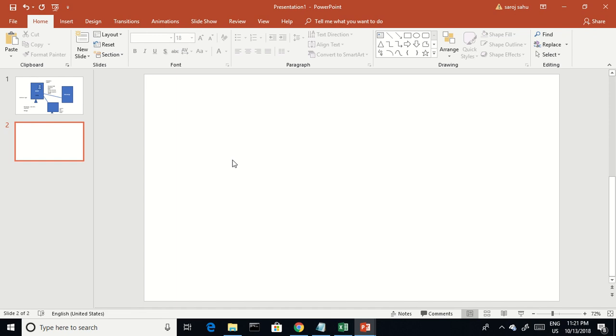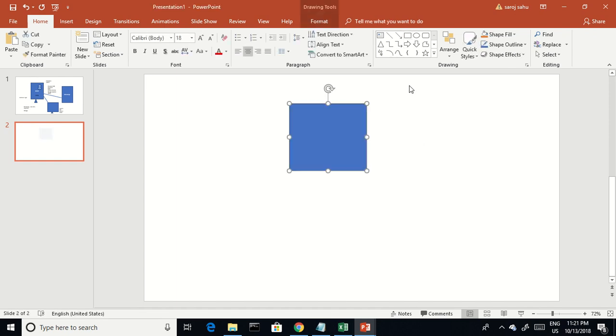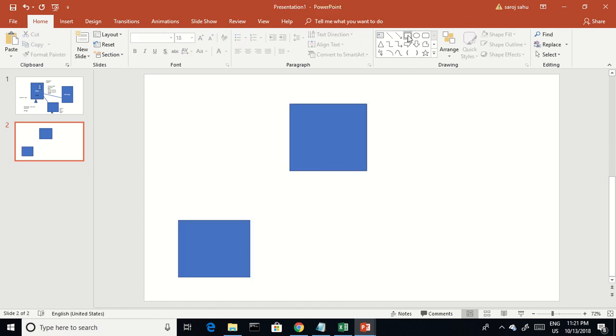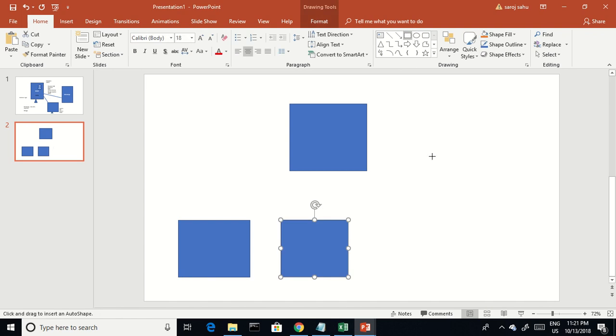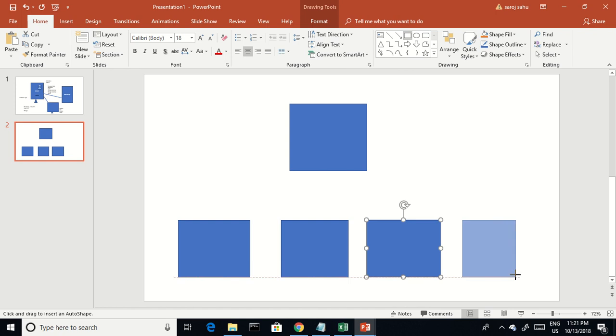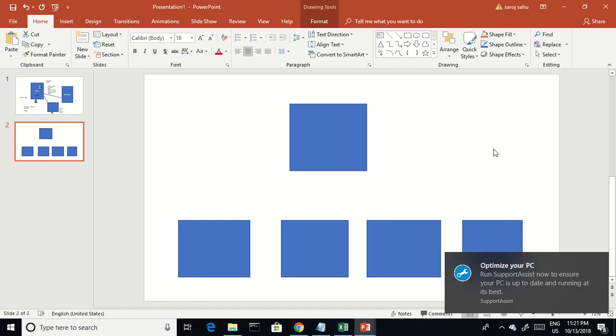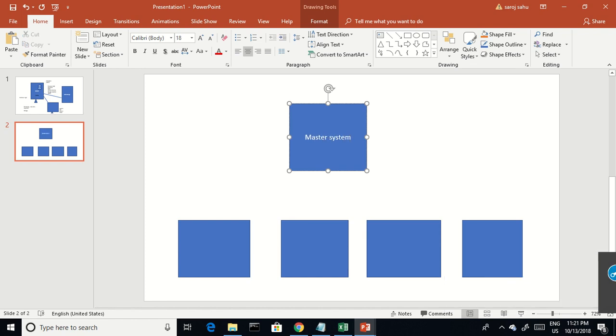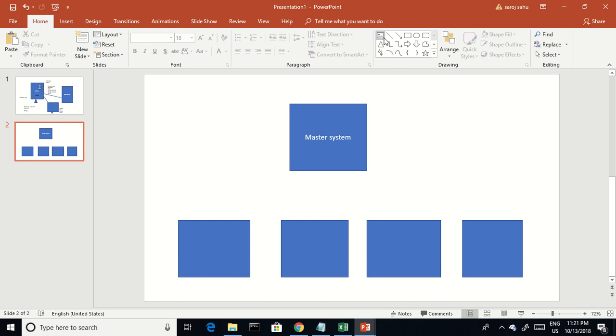Hadoop works in a master-slave architecture, and it's based on the DFS, distributed file system, or you can say it's parallel processing. So one would be a master system, and the remaining systems are the slave machines.